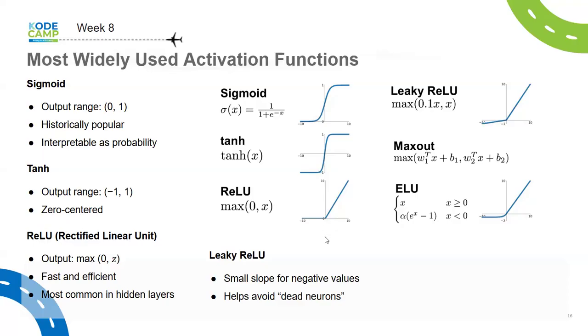The other problem was the fact that there is no stimulus in the negative direction. That was a problem, so the leaky ReLU was brought up to solve that. Leaky ReLU is just a ReLU with a small negative output for negative values.